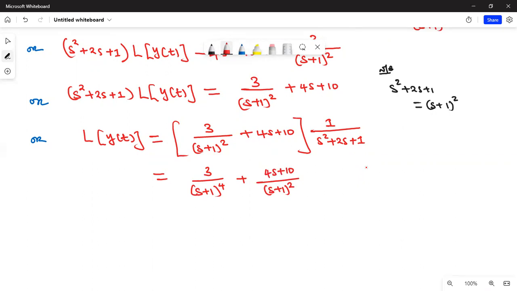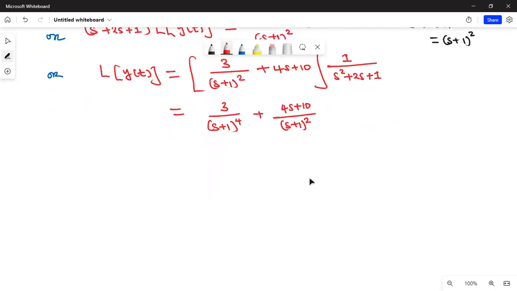Now, how do we get the function y of t? That's what you need to ask yourself. So you can write this. If I now operate with L inverse on both sides, so you can just say therefore, to get y of t, I need to operate with L inverse on both sides.